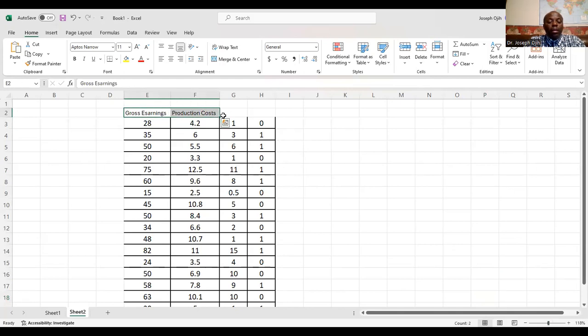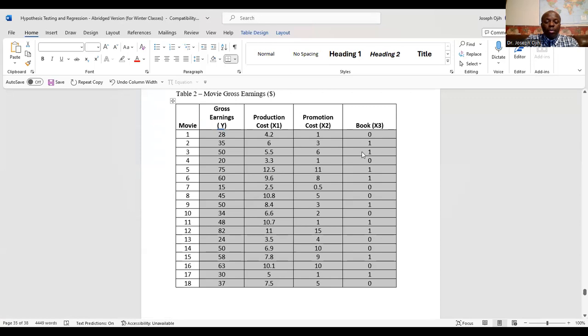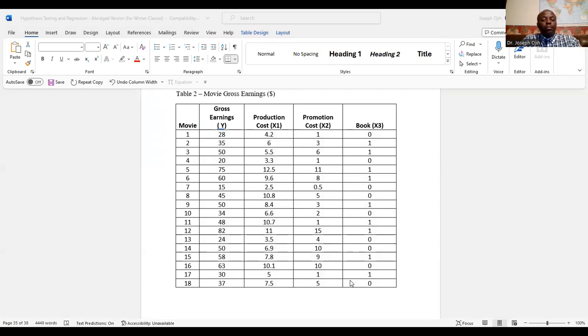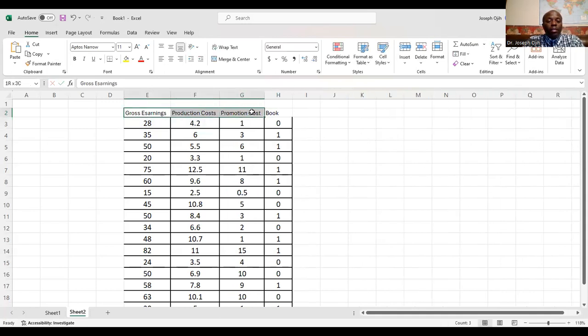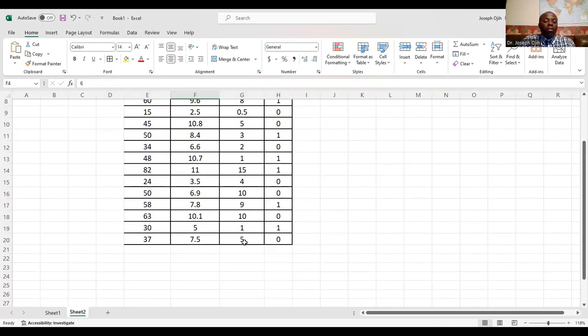Next we have the promotion cost, then book. The promotion cost is this one, so I can just highlight it to make it more clear. I can even bold it so you can see these things. Okay, we have all of them.